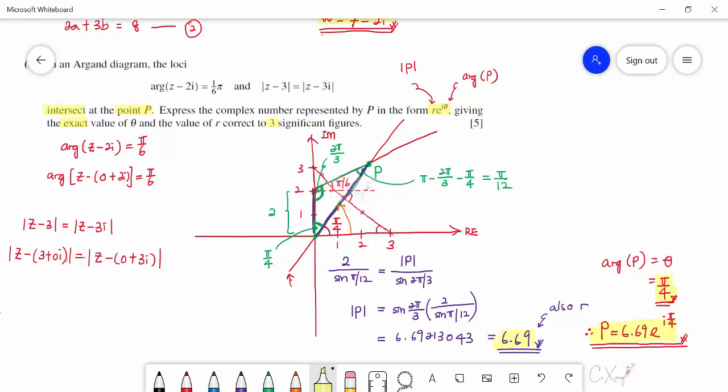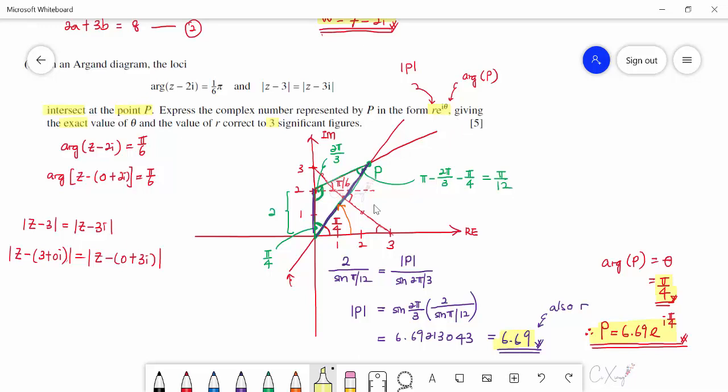All right, so you can see that for answering this kind of question, generally I will always look at the Argand diagram, and then we will try to use some basic shapes to help us answer the question. Like for this example, we are using the triangle that has already been formed in the Argand diagram, and by using the information that you have, such as the angle and the length, we try to relate it with the shapes to get the answer that we want.